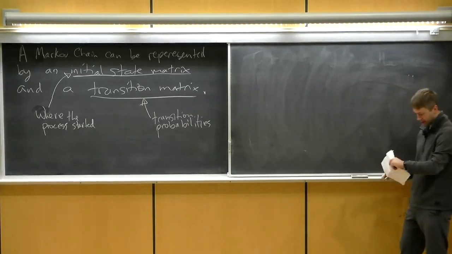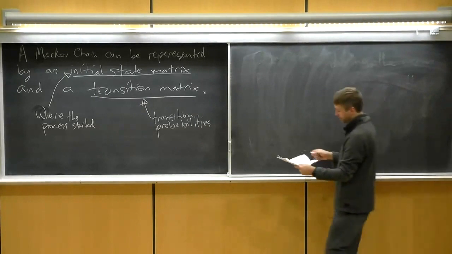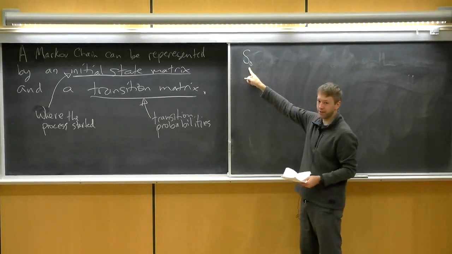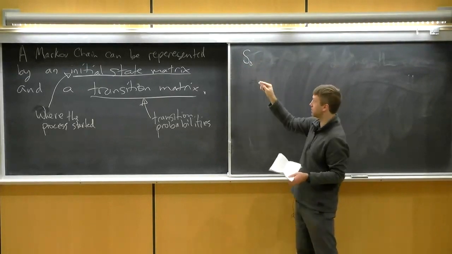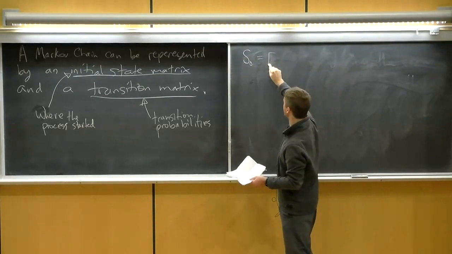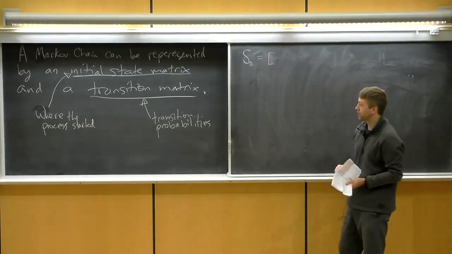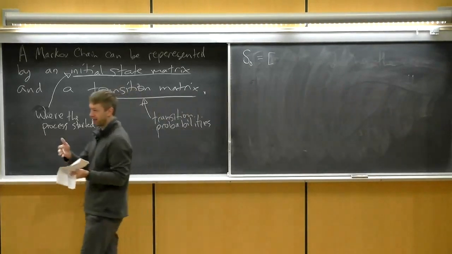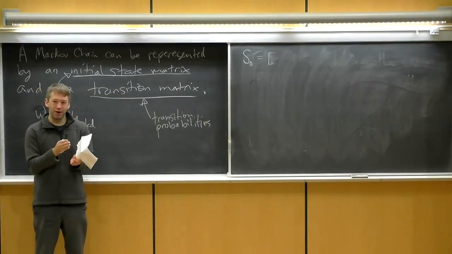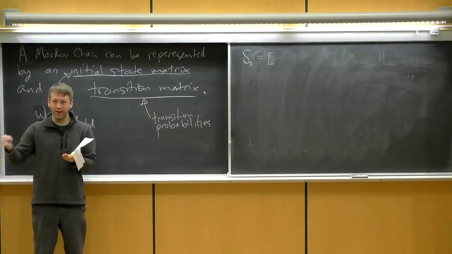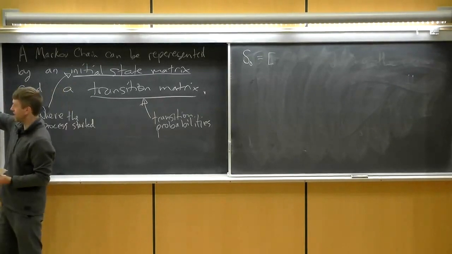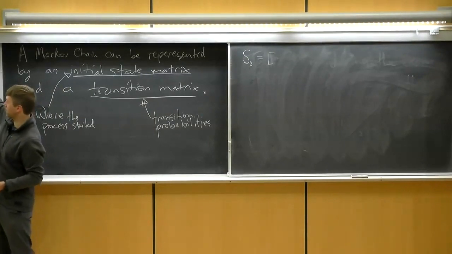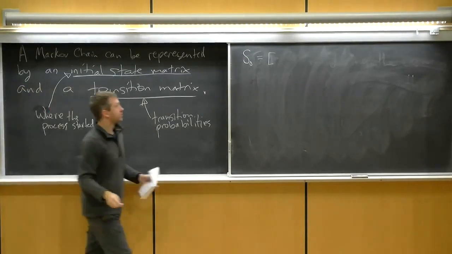Okay, so in this case, our initial state matrix would look like this. The typical notation for the initial state matrix is you write S with a subscript 0. One thing about Markov chains is the matrices depend on how you decided to order your states. Here it's kind of obvious, we should just order them like the first state is $0, then $1, then $2, then $3, then $4.